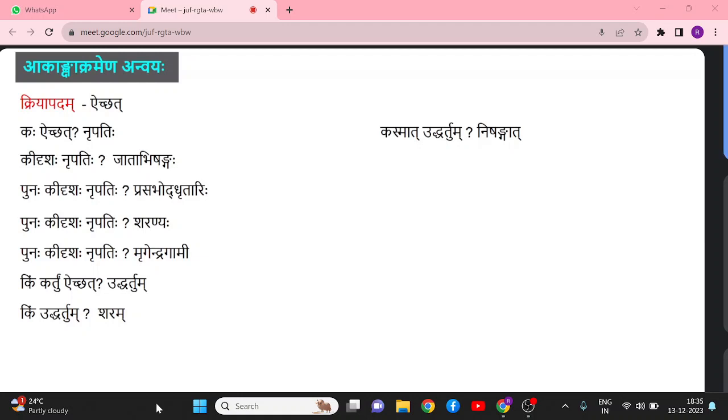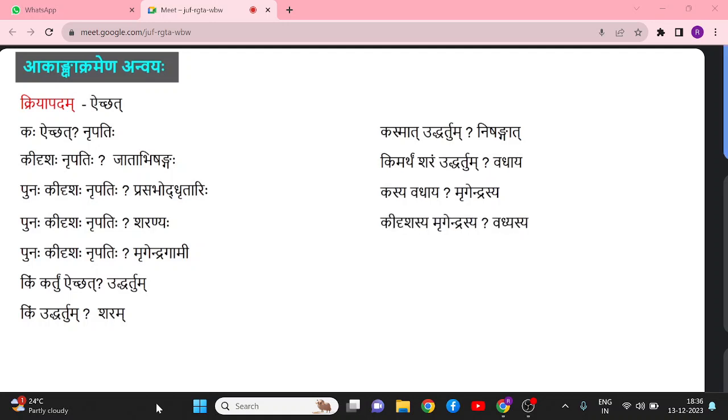Kimartam Sharam Uddhartum Aichat? Vadhaya. Now, whom did he want to kill? Kasya vadhaya? Mrugendrasya. Now there is an adjective for Mrugendra: Idrishasya Vadhyasya. And lastly, there is one Tataha.